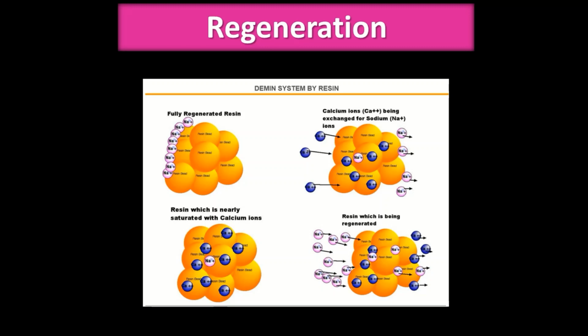A regenerated resin or fresh resin contains Na+ or H+ in it. During the exchange process, ions like calcium, magnesium, potassium, sodium occupy the sites and the resin loses its ability. Now we have to add either Na+ or H+ to make the resin function again.